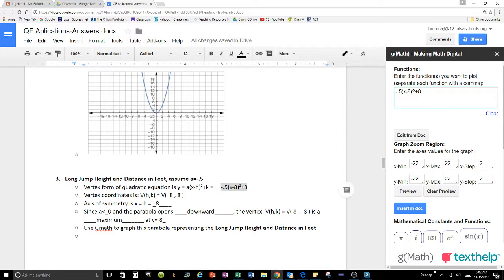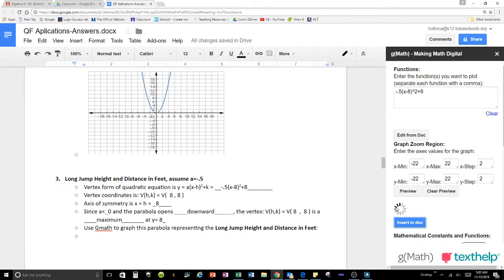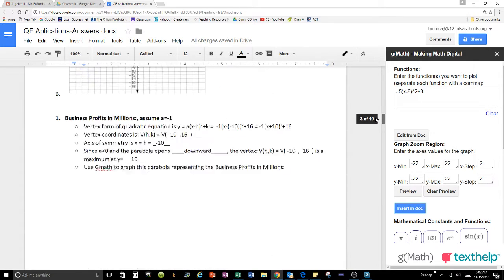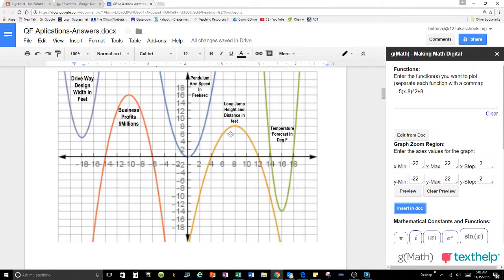We have to put this as shift 6. Make sure the cursor's there. Hit insert doc. And there she is. Looks just like this one here.